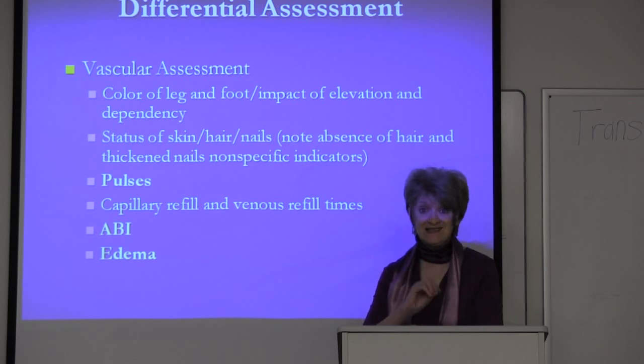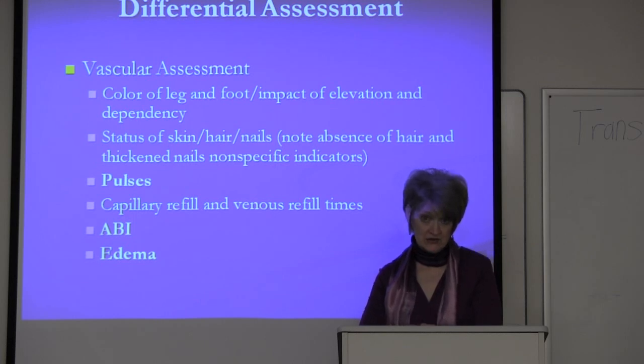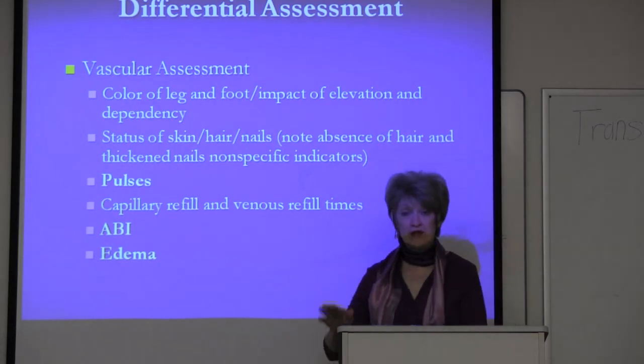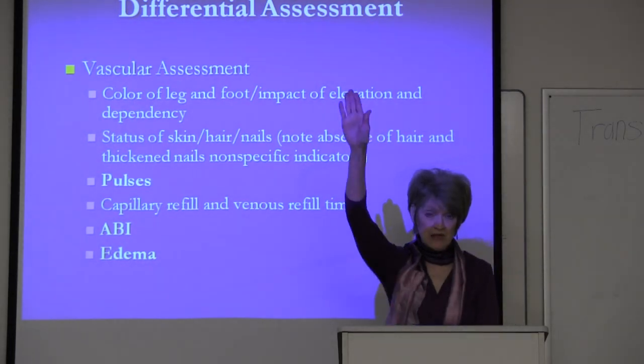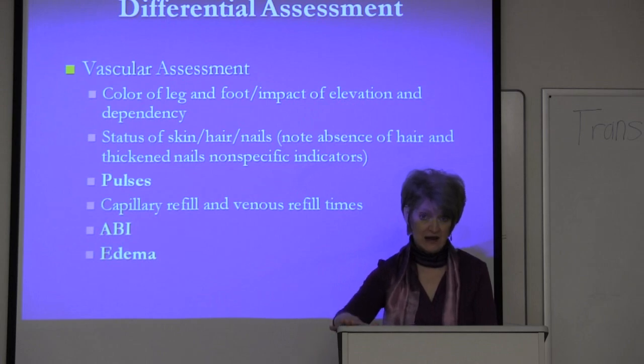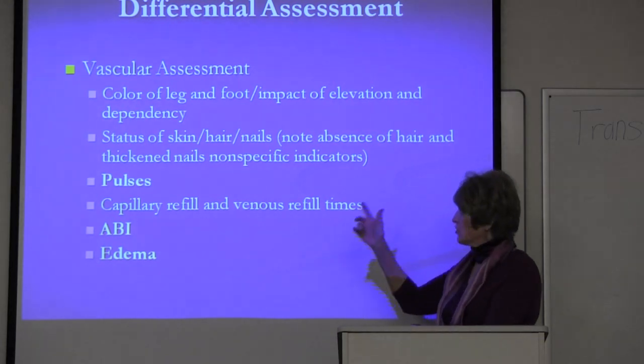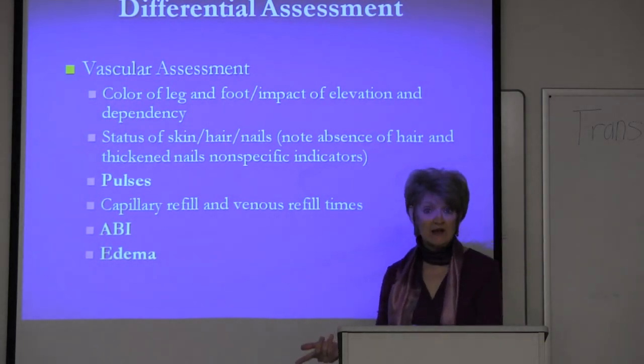So your essential baseline data must include a vascular assessment. You want to look at the color of the leg and the foot, and you want to see what happens when you put the leg up and down. Is there elevational pallor or cyanosis? Is there dependent rubor? You want to look quickly at the skin, hair, and nails. Do you have that thin, shiny skin?